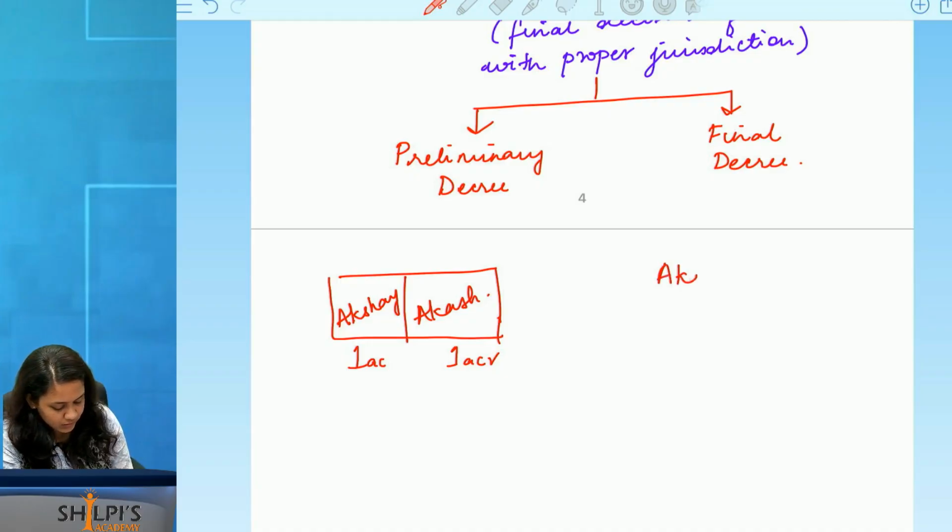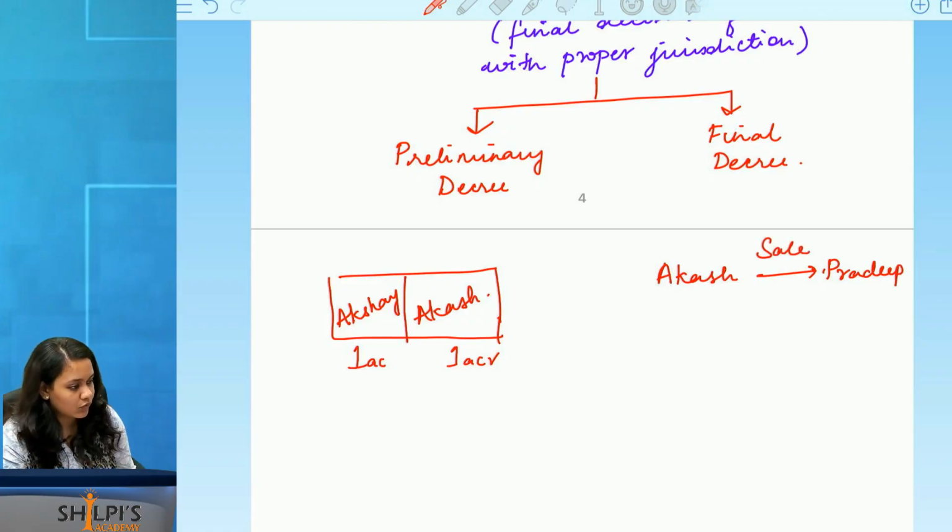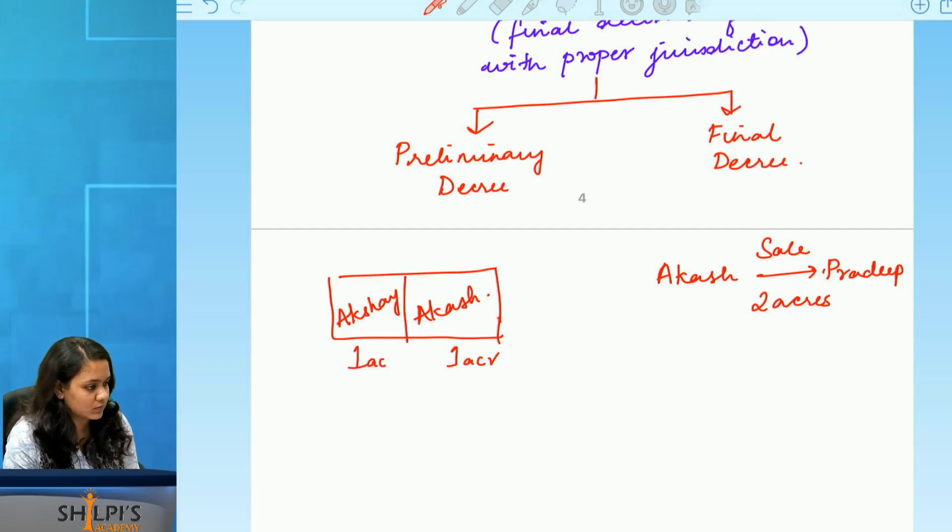Akash has entered into a sale agreement with, say, one Pradeep, over the full 2 acres of land. He has started the proceedings of sale. Now the question is whether Akash is even the real owner of the full 2 acres.